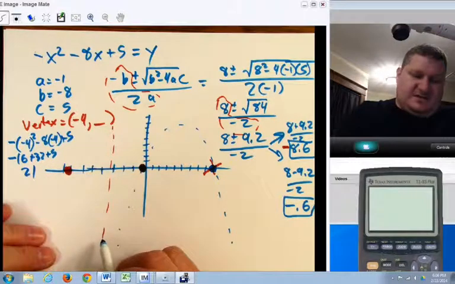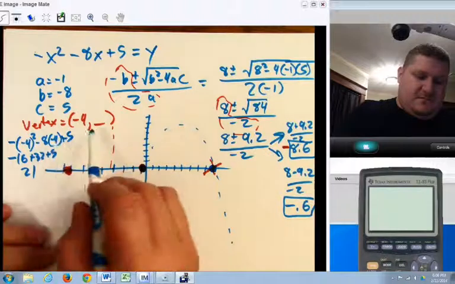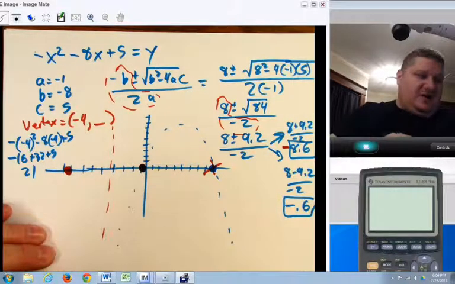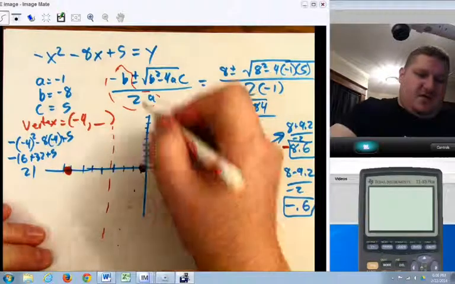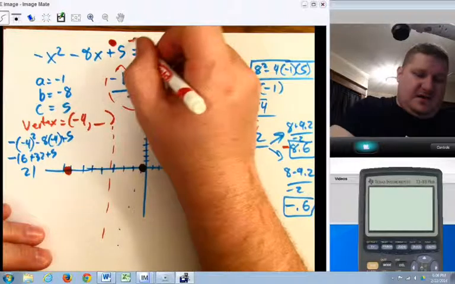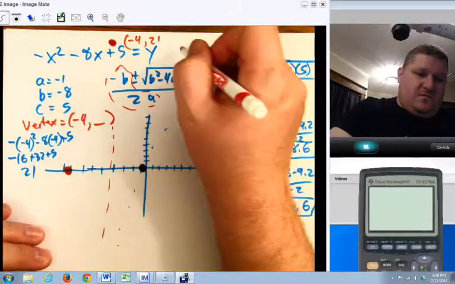And so in this case, we have a very tall graph. Its vertex is actually going to be way up here at -4, 21. Way up there.